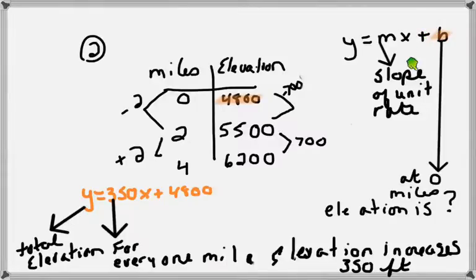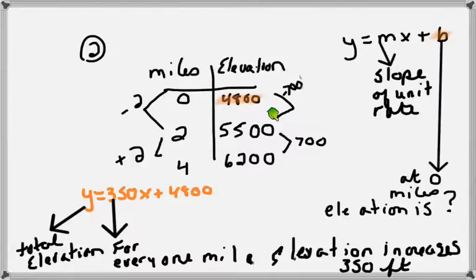All right. So what I did is I put the 2 points they gave me already in a table. And I could see that when this doubled, or added 2, this was adding 700. Which means if I work backwards and I take 2 away, 2 take away 2 is 0, and that's what I want to find out at 0.